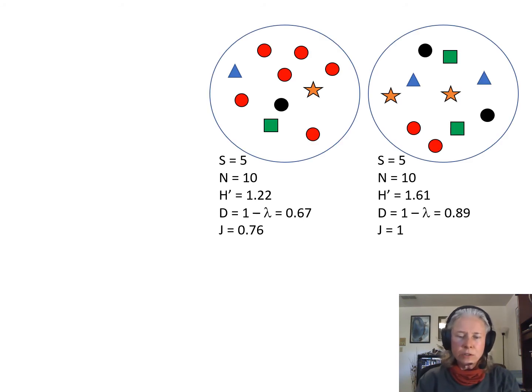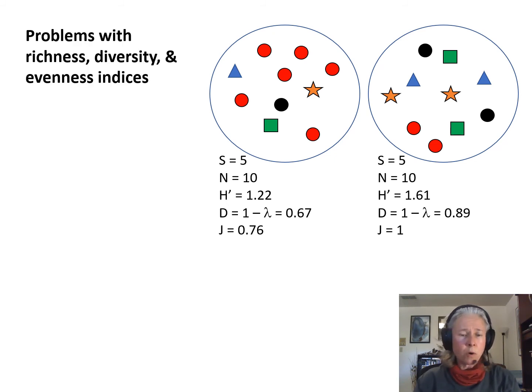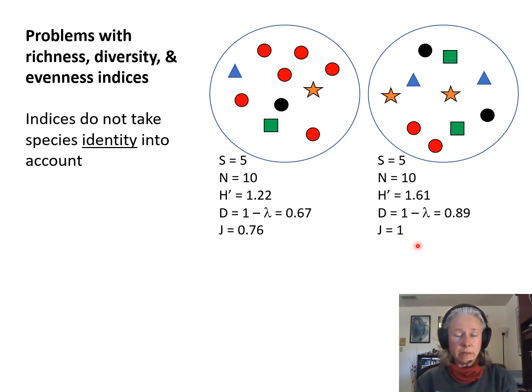So with these two communities, and with the values that we calculated for them, you can probably detect that there are going to be problems with these, and there are some well-known problems with richness indices, diversity indices, and evenness indices. Perhaps the most well-known of these, the most problematic of these, is the fact that these are numbers here, and they do not take into account the identity of the species in question.